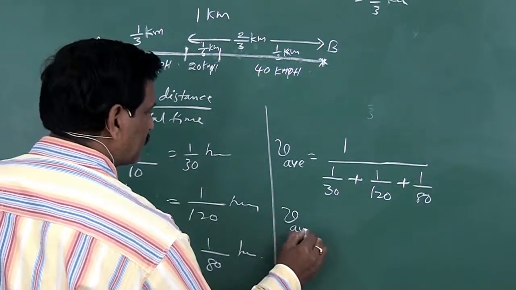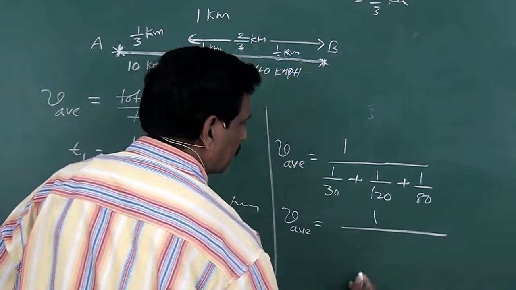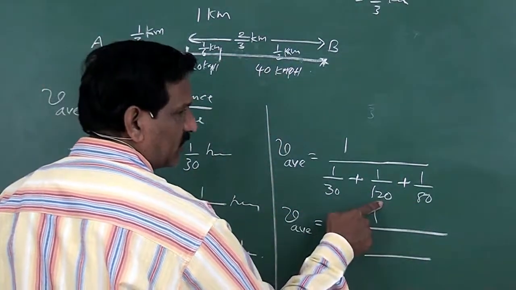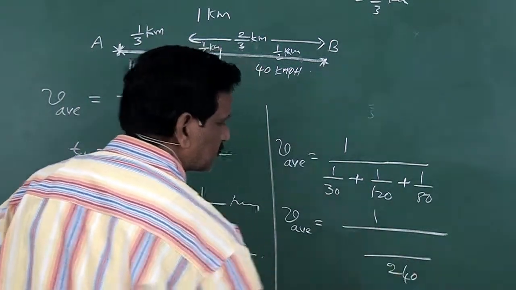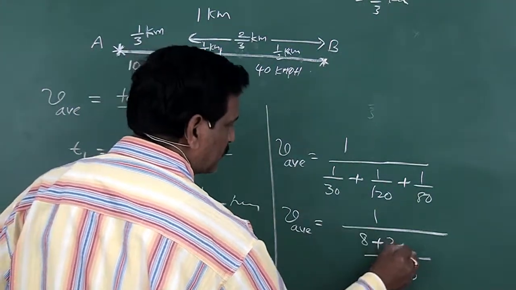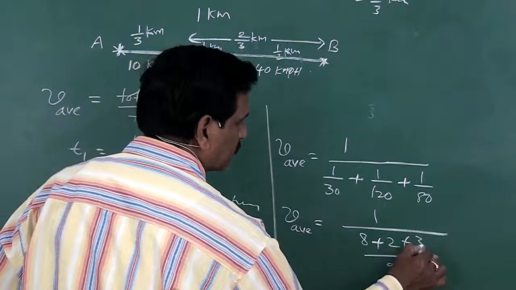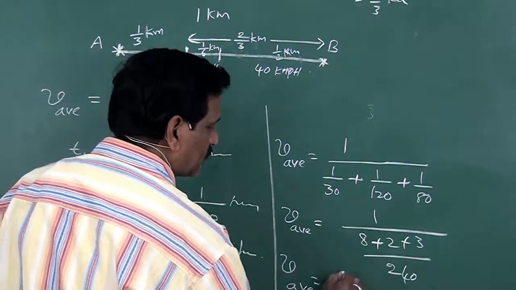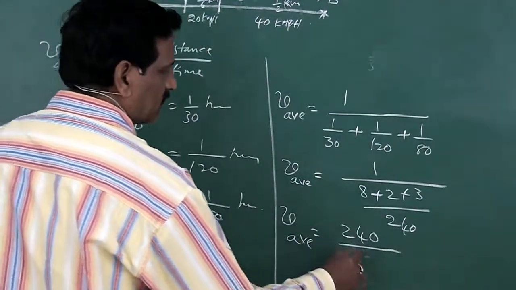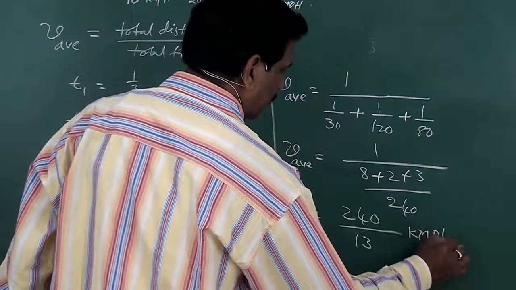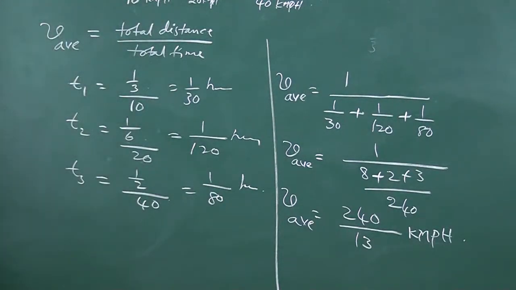So V average is equal to 240 by 13 kmph, kilometer per hour. This is the average speed in this case.